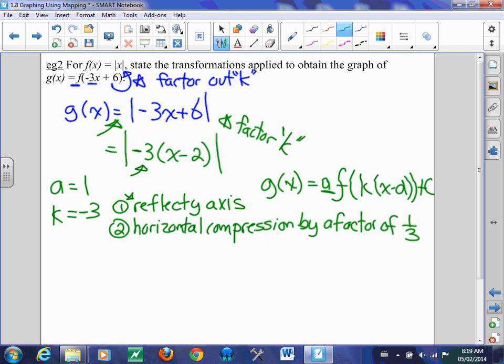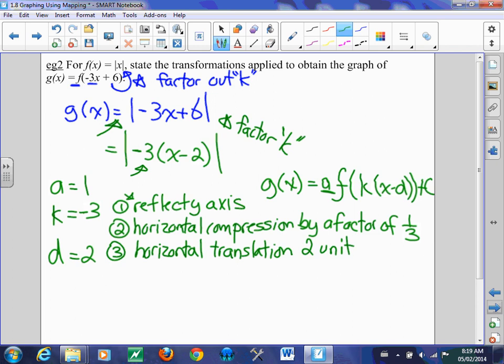The negative gets caught up in the reflection part. All right, the next thing we have to take a look at is what is D? D equals 2. So what does that tell us, ladies and gentlemen? We have a horizontal translation, okay, 2 units right. Okay, and when we go to take a look at our C, C equals 0, which tells us, ladies and gentlemen, there's no translating up or down.